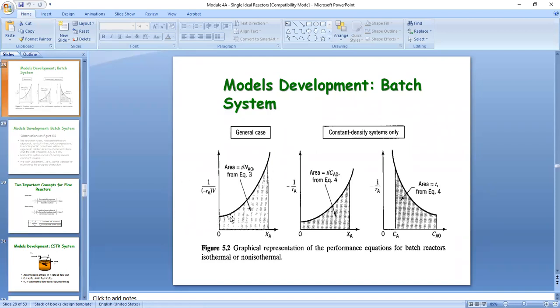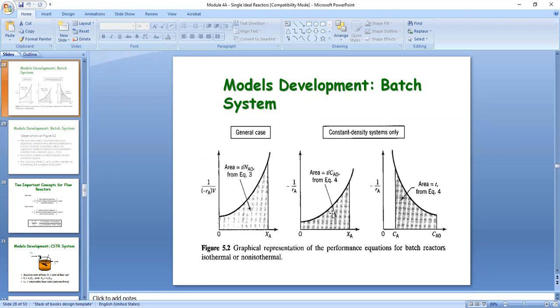The area under this particular region from XA equal to 0 to XA at any particular time will be t over NAO, or the holding time, the residence time, divided by the initial number of moles of A. This is in the general case for your batch reactor.